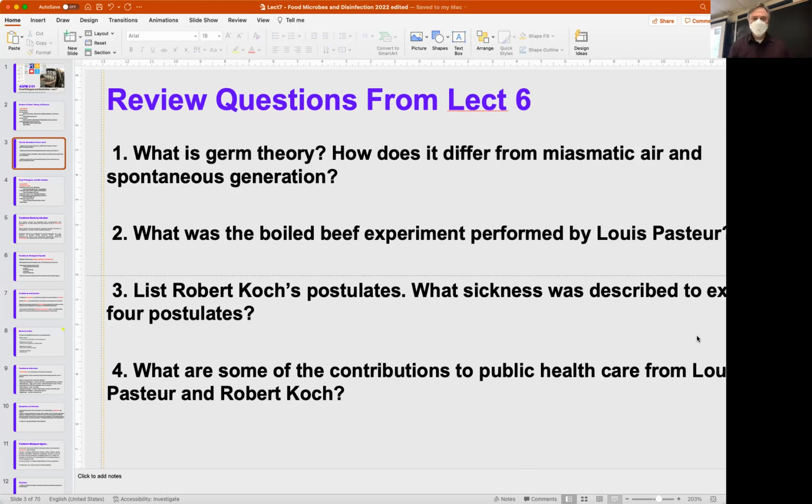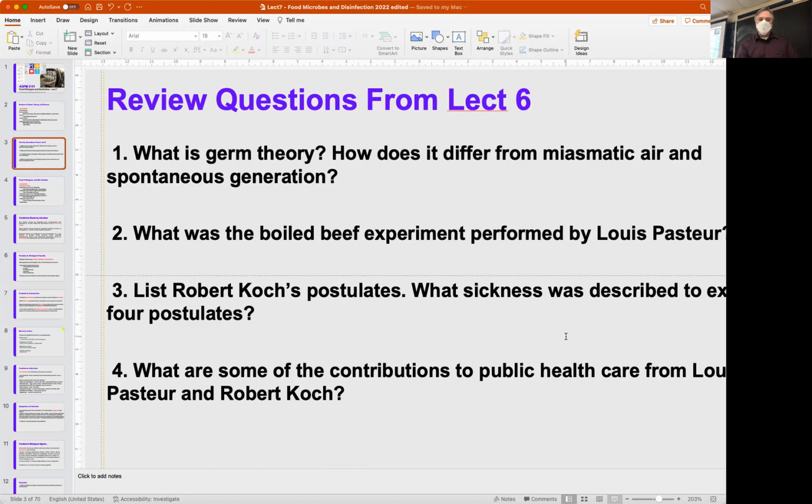And finally, if you have a vessel that has a long swan neck, the microbes can fall at the bottom of the swan neck, but they don't travel up the swan neck inside the broth to spoil the broth. So this proved that if you have broth open to the air, but in a path that microbes cannot take, it will not spoil the broth. So this also disproved spontaneous generation.